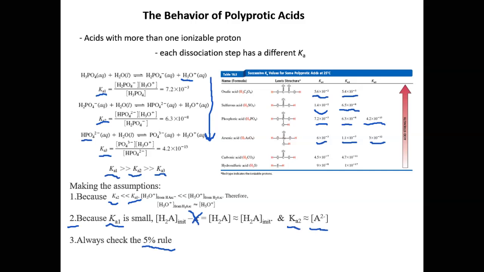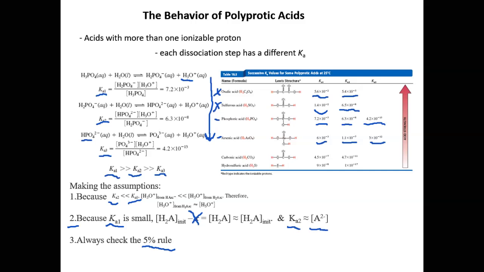Assumption number 2 would not work for oxalic acid or sulfurous acid, because their Kas are very large, 10 to the negative 2. So if you were doing oxalic acid or sulfurous acid, you would have to use the quadratic equation, because those are very large Kas. For phosphoric acid and arsenic acid, it depends, because it's 10 to the negative 3.